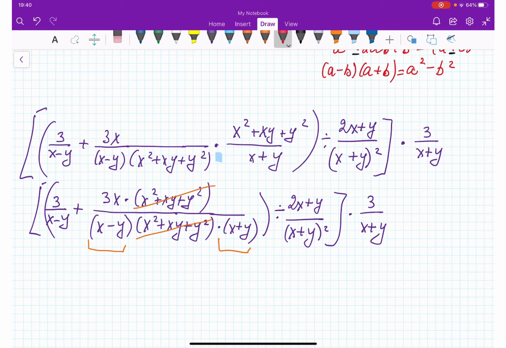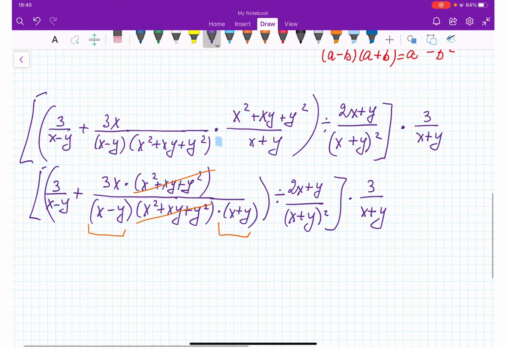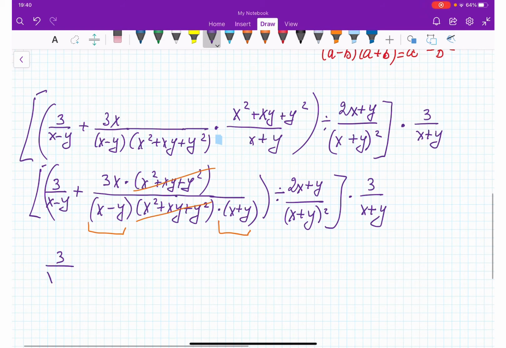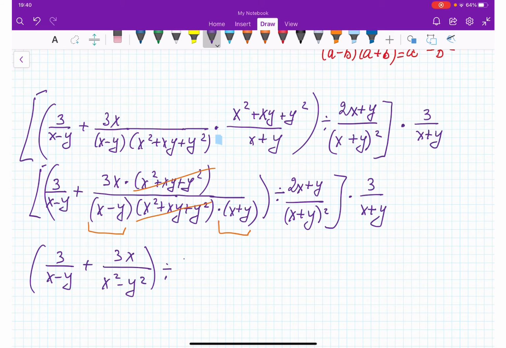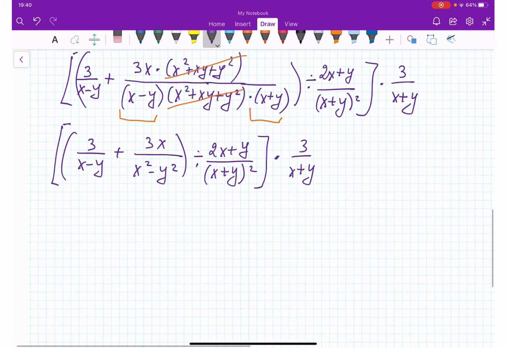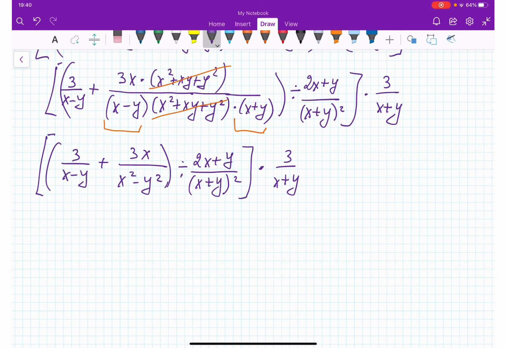All right, so let me write down 3 over x minus y plus 3x over x squared minus y squared. All right, parentheses, divided by 2x plus y over x plus y squared. So we encapsulate in square brackets and multiply by 3 over x plus y. All right, next step, we are going to do addition in these parentheses.